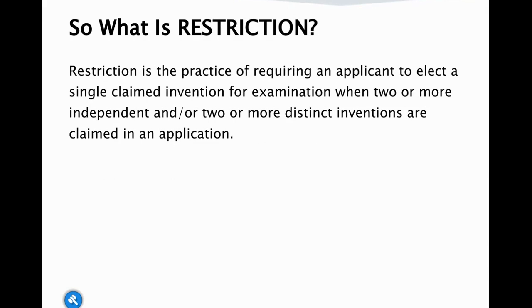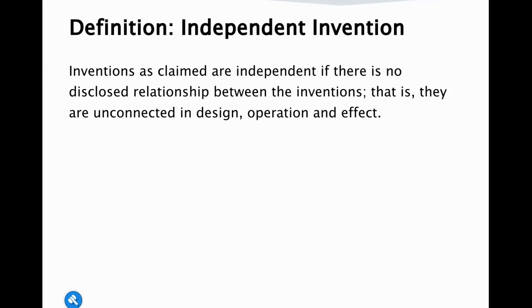What is a restriction? When multiple, distinct, or independent inventions are claimed in an application, a restriction would require that applicant select a single claimed invention for examination. In order to determine if claimed inventions are independent, it is necessary to review the disclosure.